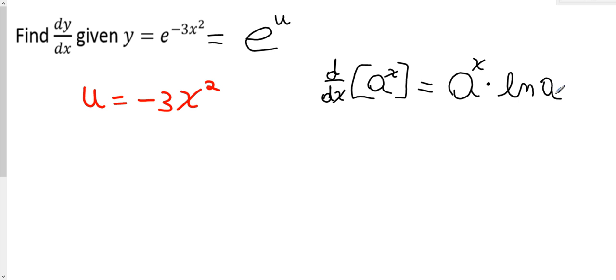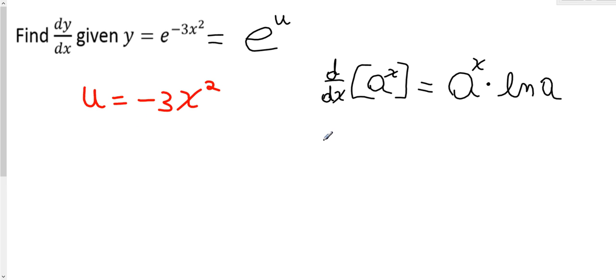Now in this case, a, the base, is e. So when you take the derivative, the derivative with respect to x of e to the x is equal to e to the x times the natural log of e, but the natural log of e is 1, so you just get e to the x.